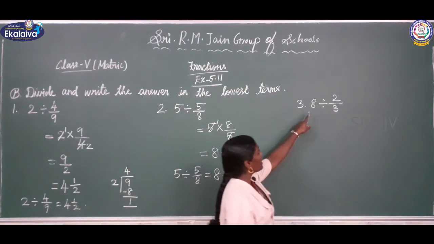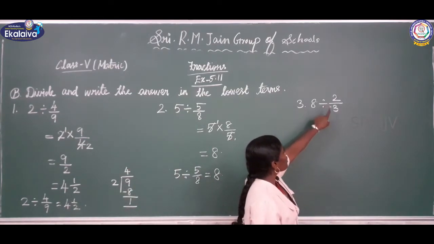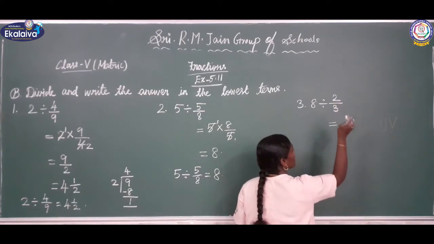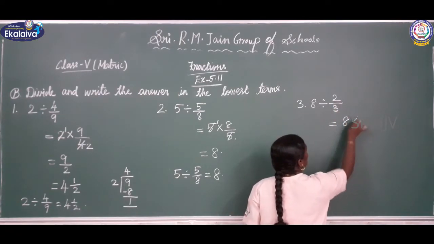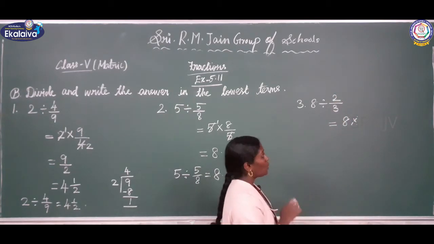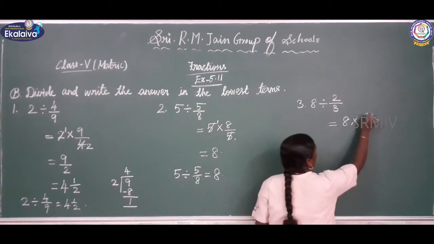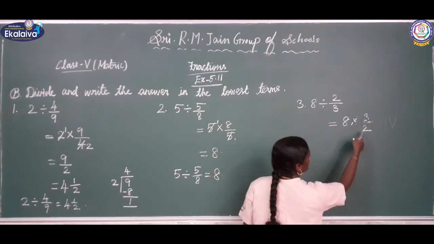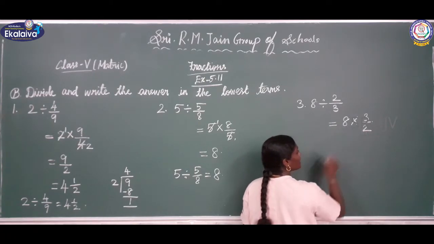The next question, 8 divided by 2 by 3. To divide the number 8 by 2 by 3, we have to multiply the number by the reciprocal of the fraction 2 by 3. What is the reciprocal? 3 by 2. Now we have to reduce. Here 8 and 2 are divisible by 2.